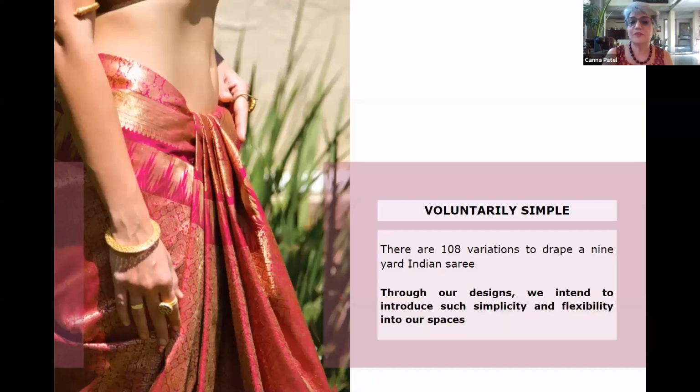We all know about the Indian sari. It has 108 ways of wearing it, and it fits all: the small, the short, the tall, the fat, the slim, everything. It has a simplicity and a flexibility. Now, if we take a cue from this, can we take it into design and see what we can learn from it?